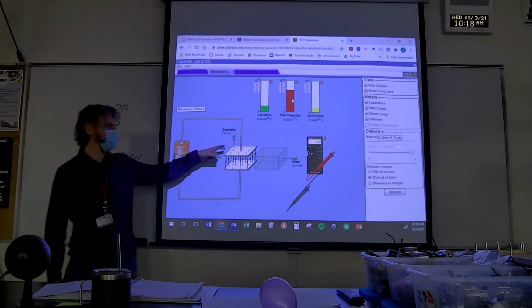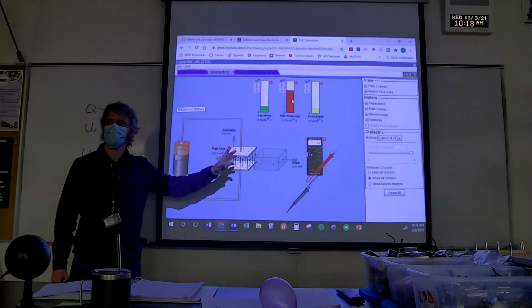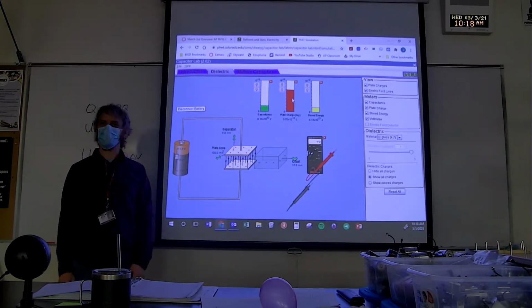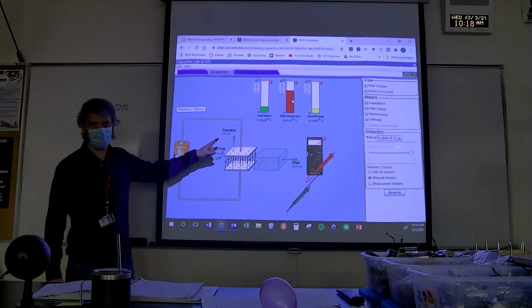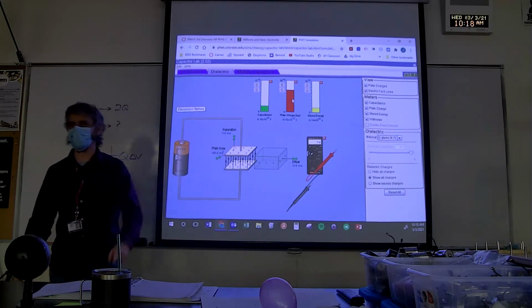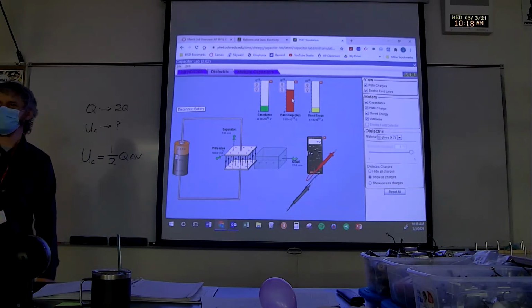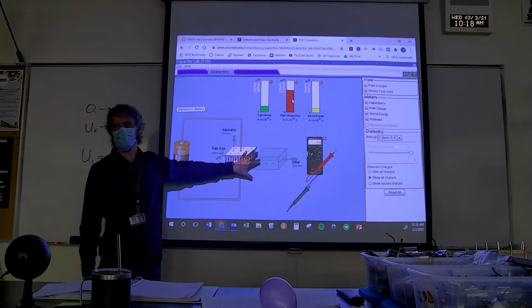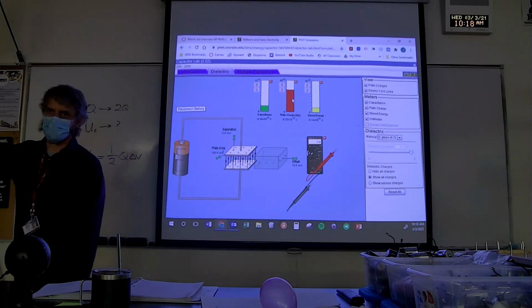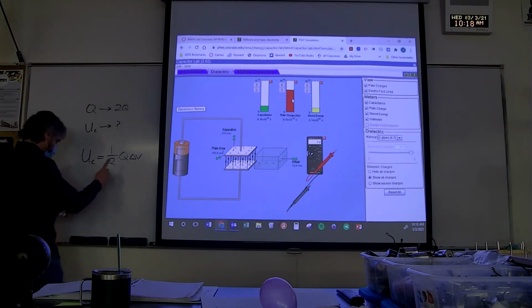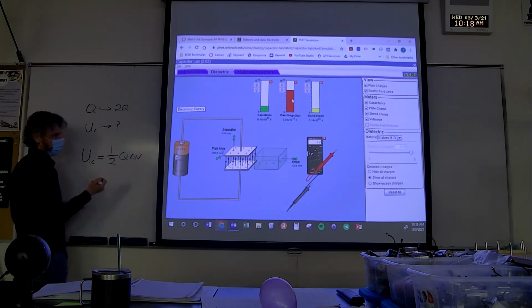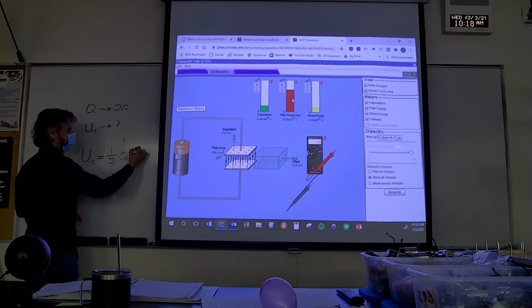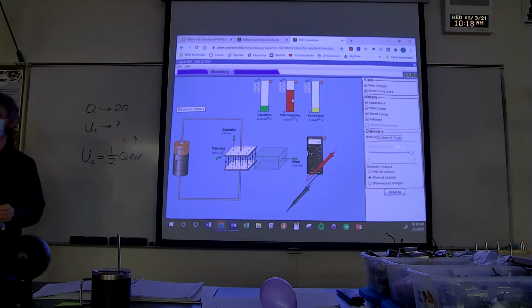If I want to put more charge on the capacitor, what do I need to do? Up the voltage on the battery, which will cause the voltage across the capacitor plates to also increase. So if I use the battery, which will be at the same potential as the capacitor, to increase the charge, then I must necessarily increase the voltage as well.